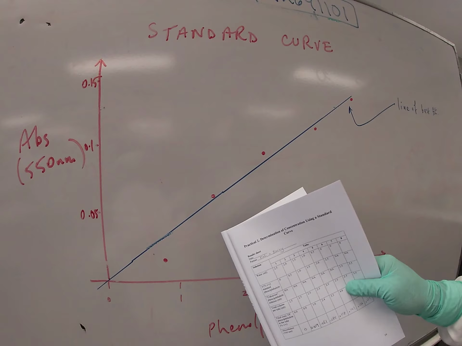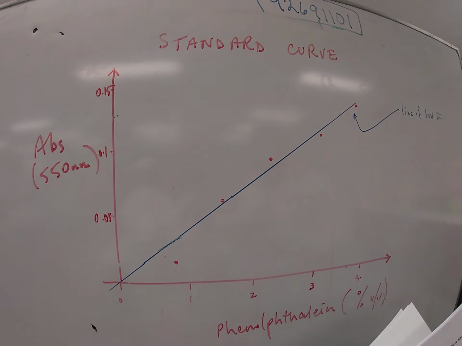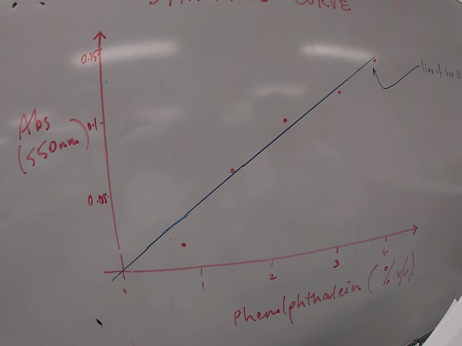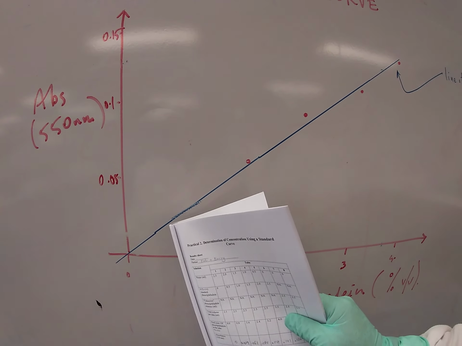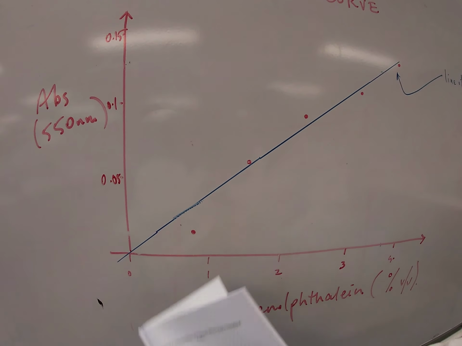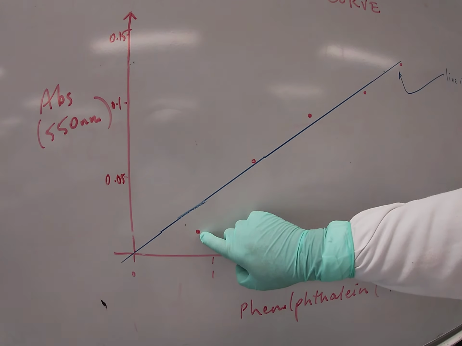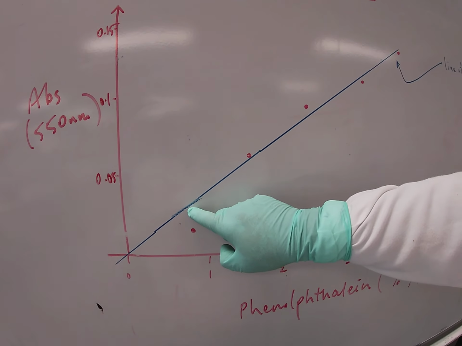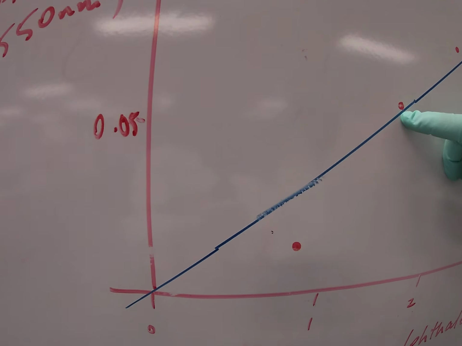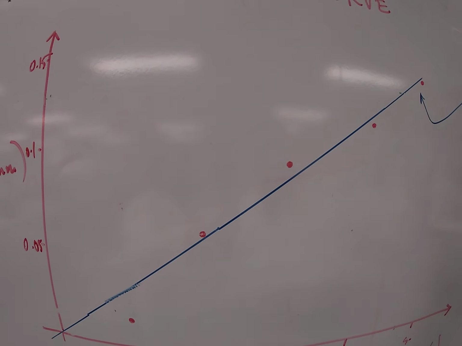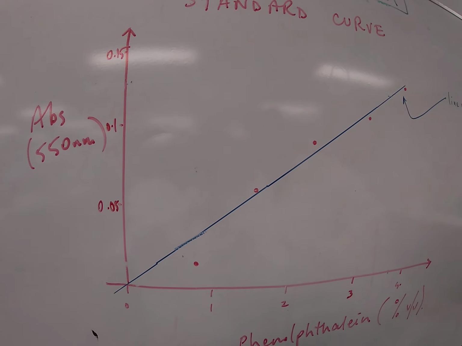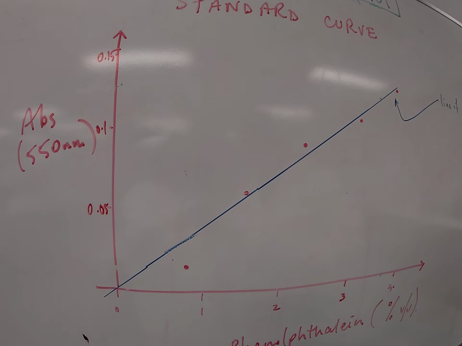Now, it's important you don't over dilute your unknown, bringing it right down here, because this is where your less accurate results are located. For example, see how this point here is not as close to the line as test tubes 3, 4, 5 or 6. So you don't want to over dilute your unknown solution.